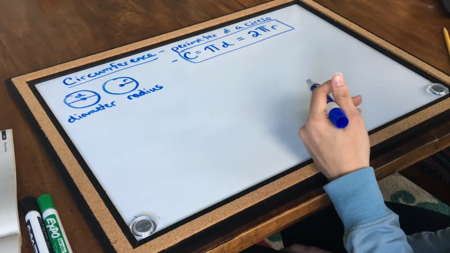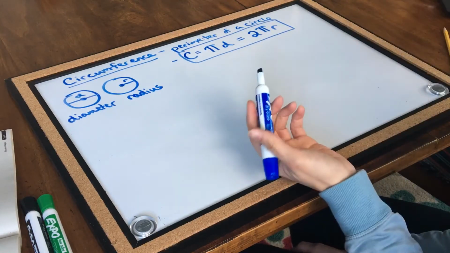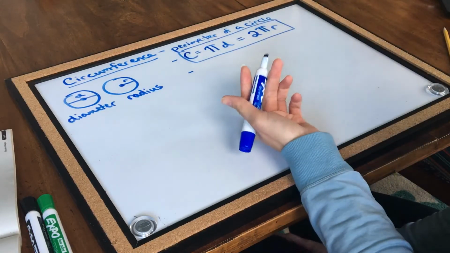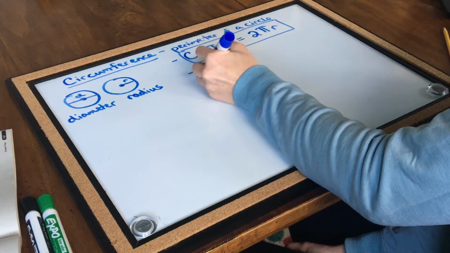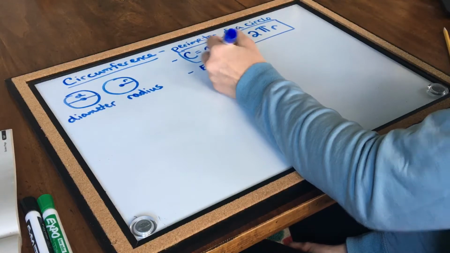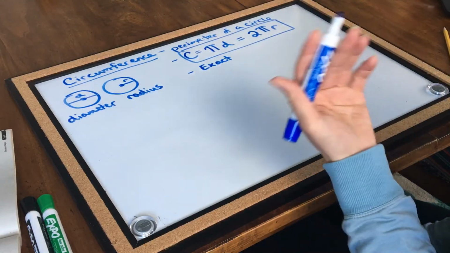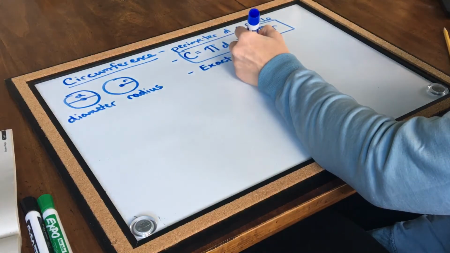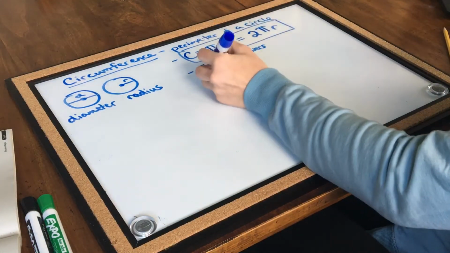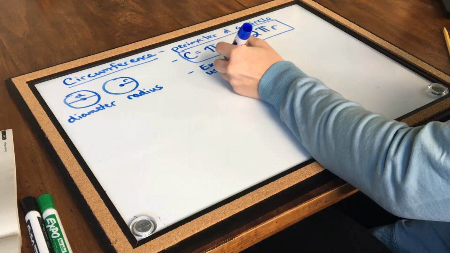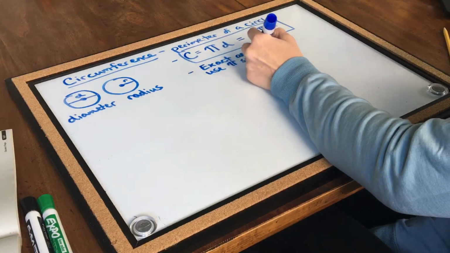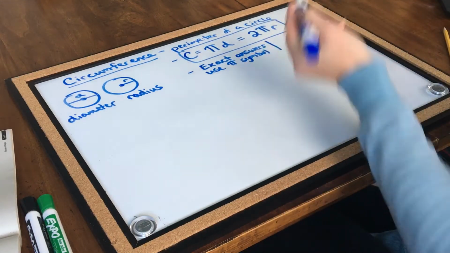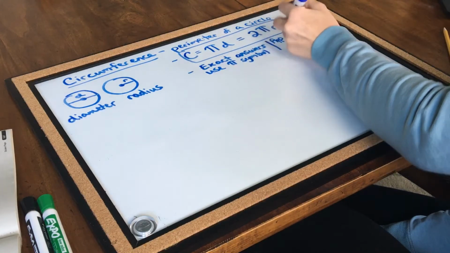When we're doing circumference, there's two ways that we can give an answer. When we find the circumference of a circle, we can find it exactly, and an exact answer uses the pi symbol. It's also possible to give an approximate answer, or an estimate.